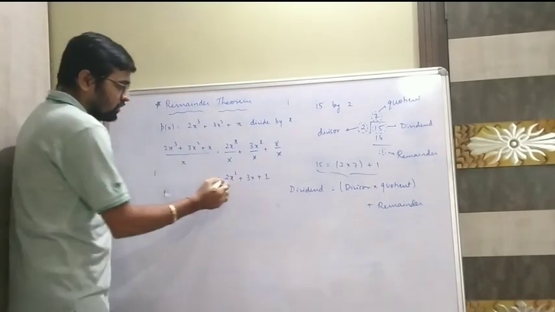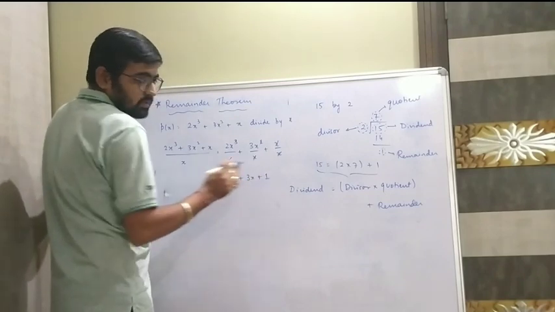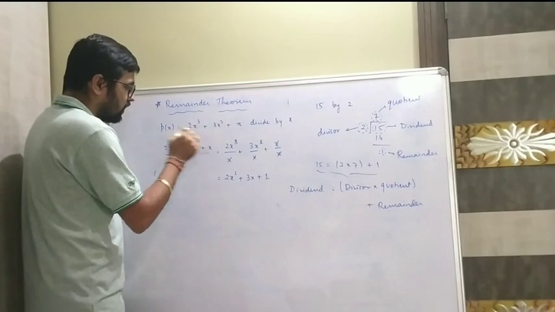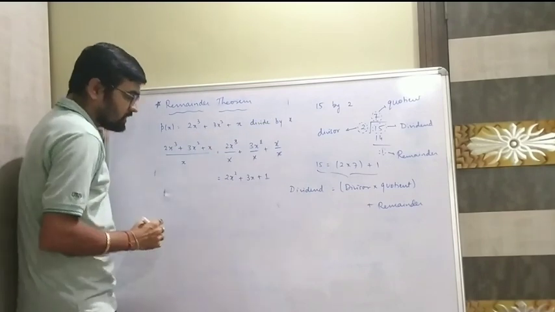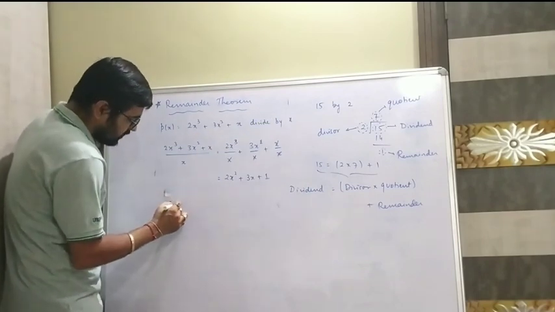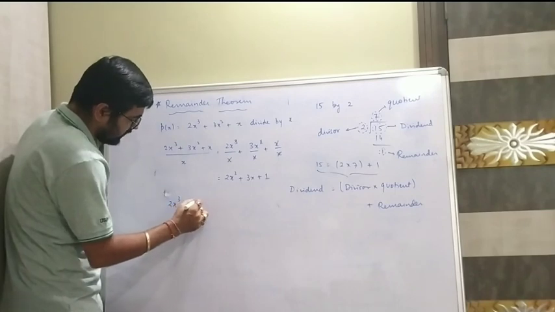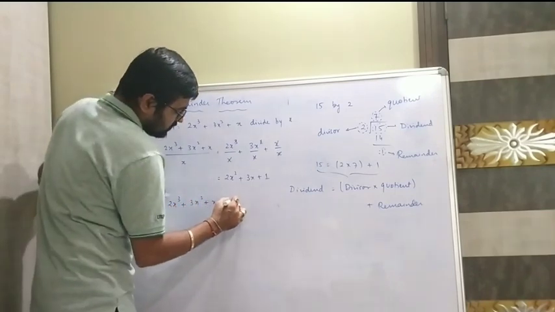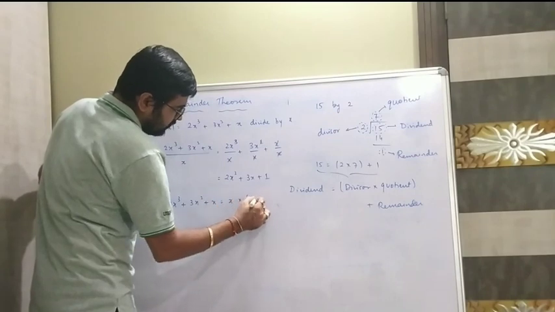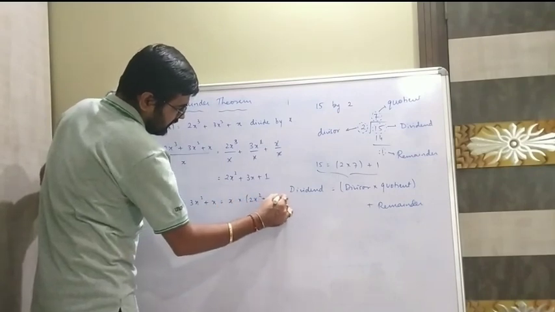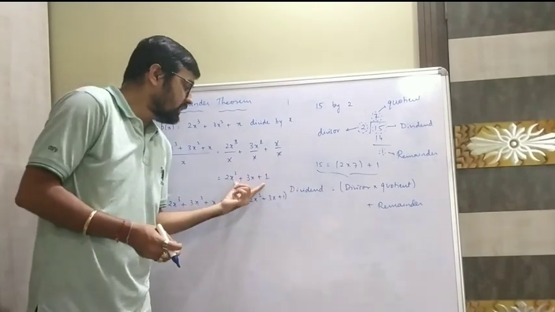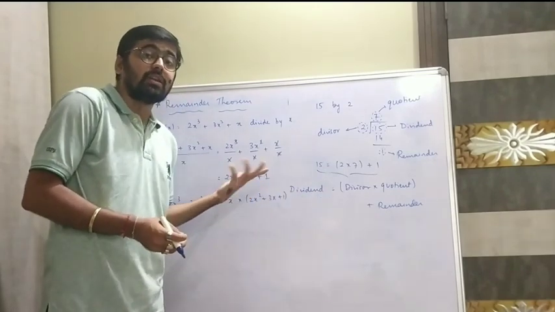So this is 2x square plus 3x plus 1, and this is what we got for this polynomial when dividing by x. So can I write 2x cube plus 3x square plus x is equal to x into 2x square plus 3x plus 1? Just the similar way. But here, if you look, we are not getting any remainder.